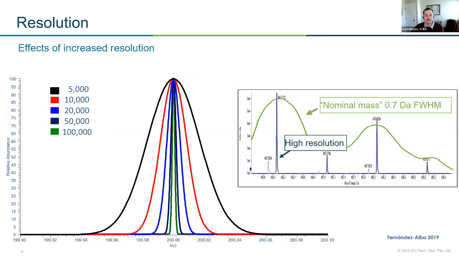As we continue, where this comes into play is as we go from 5,000 to, let's say, 50,000, the number of formulas that compound, or that feature, could potentially be exponentially decreases.